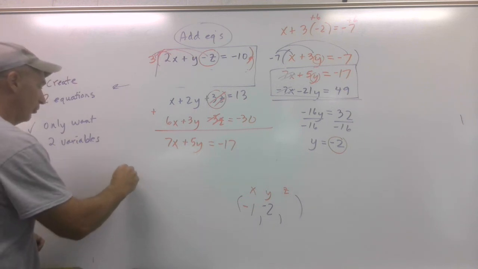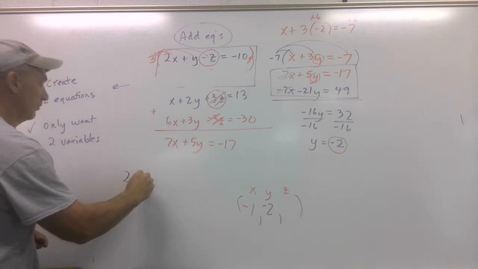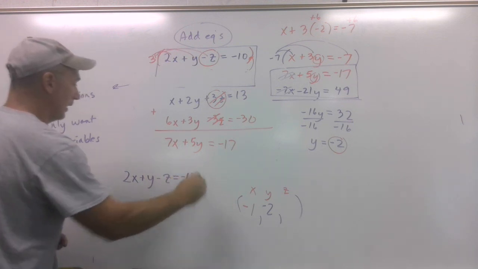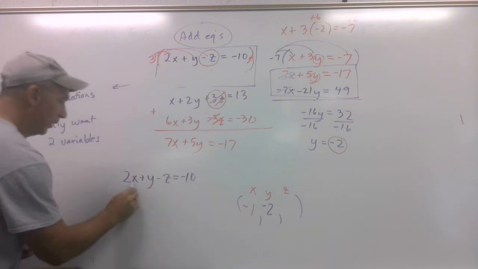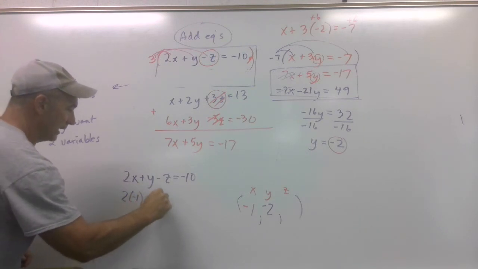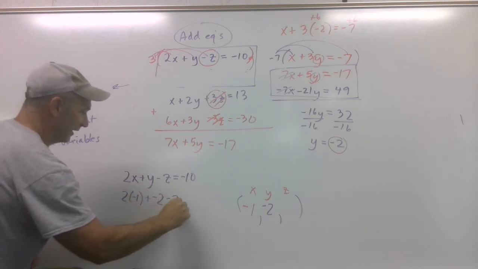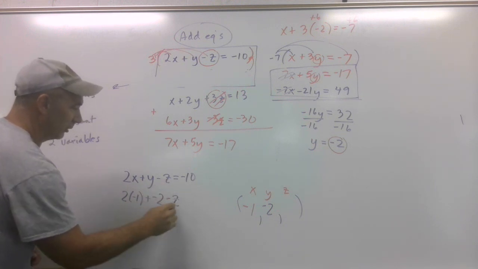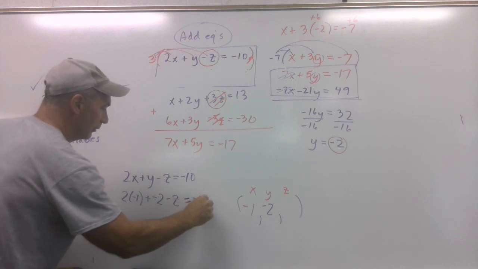So I know it's 2x plus y minus z equals negative 10. So I'm going to put the negative 1 in here. So 2 times negative 1 plus whatever my y is minus z. It's important in this class to make a little slash in your z's so they don't look like 2's. Equals negative 10.